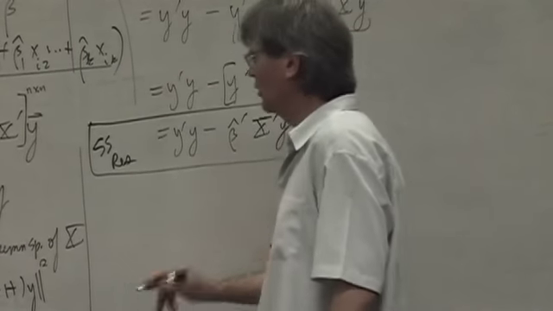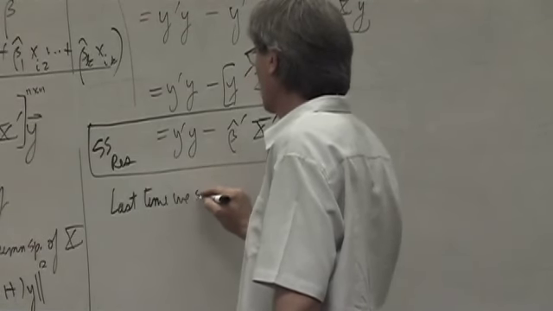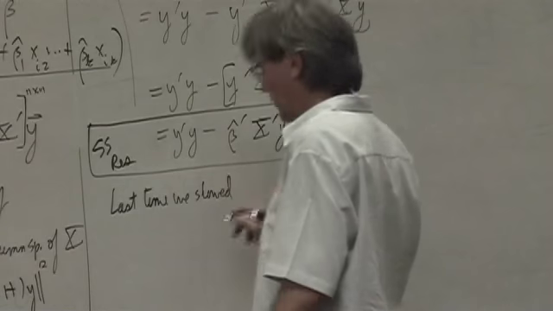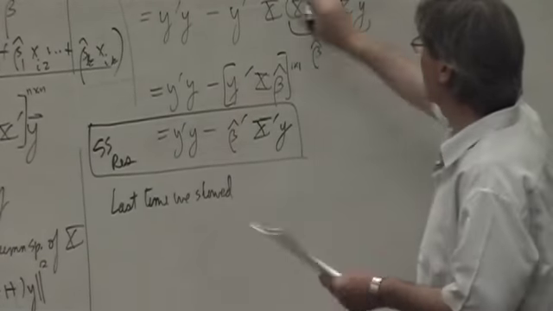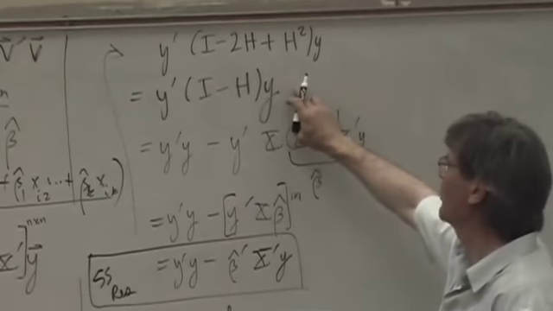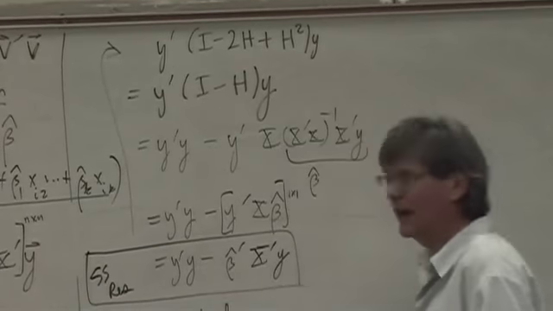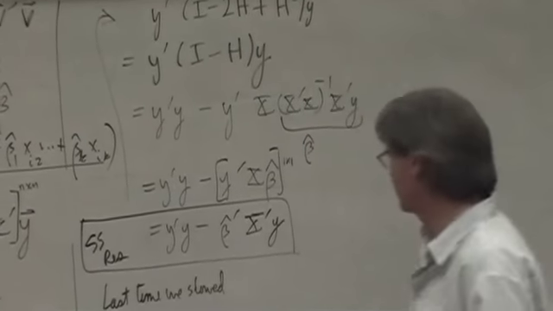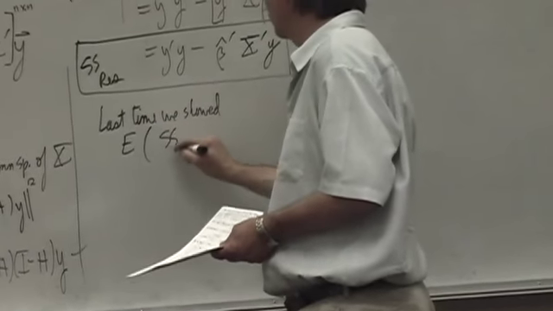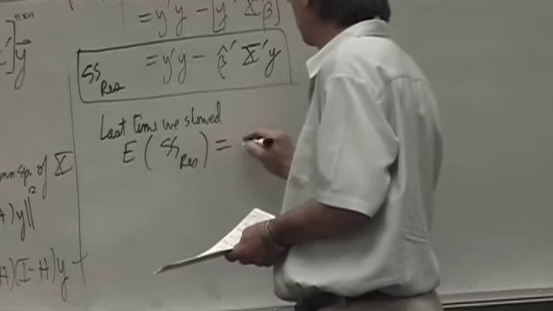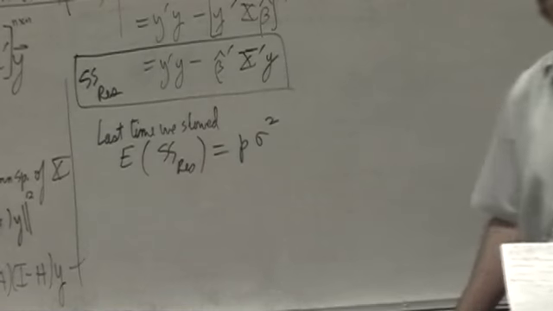Last time we showed, using this formula back up here, Y prime (I minus H) Y, what the expectation of SS res was. I'm not going to go through it again, though I'll probably have to do something like it again today anyway: the expectation of SS res is equal to (n minus p) sigma squared.